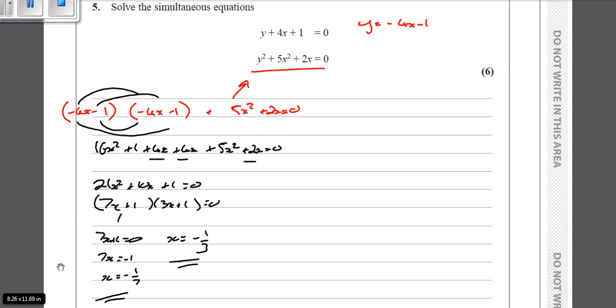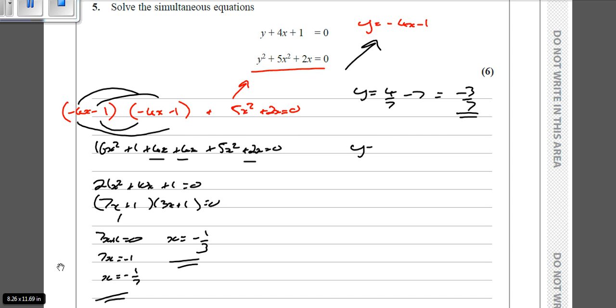To find your y solution, you then substitute them into the original equation. So minus 4 lots of minus 1/7, it's going to be y equals plus 4/7, take away 1, so that would equal minus 3/7. So that's going to give us that solution.